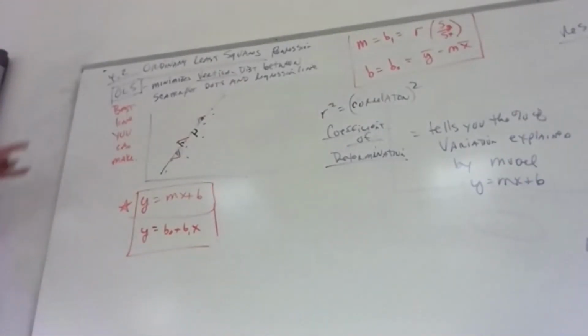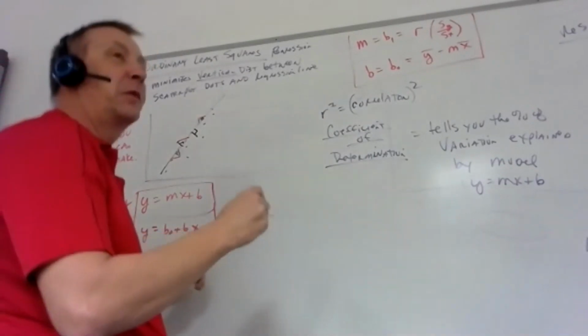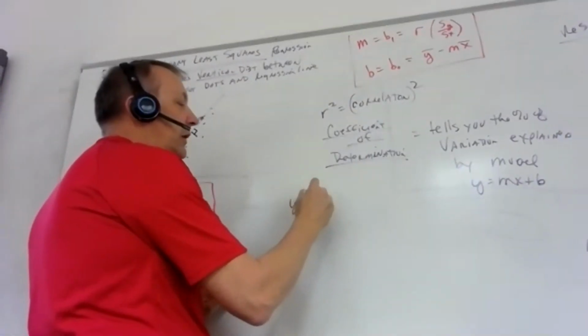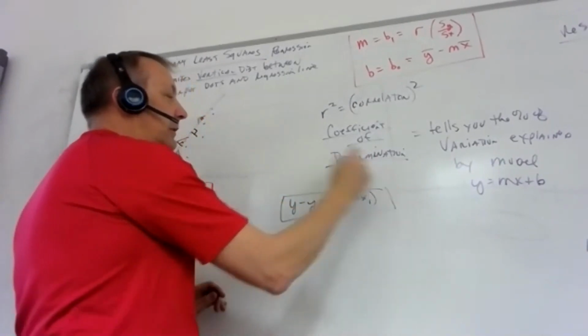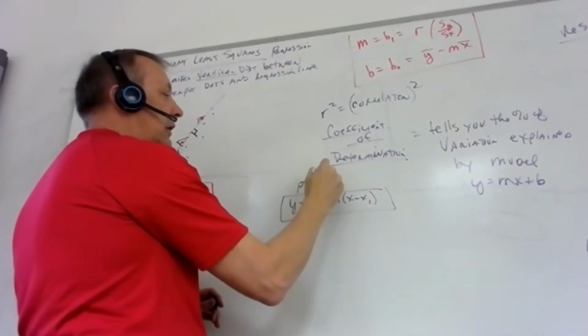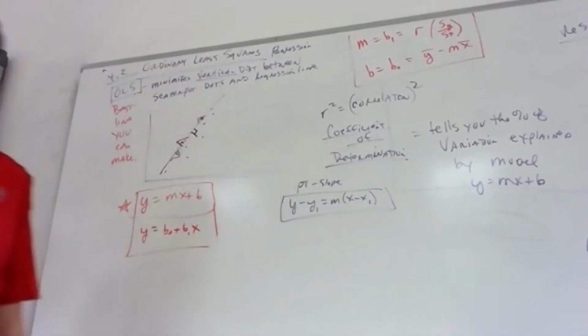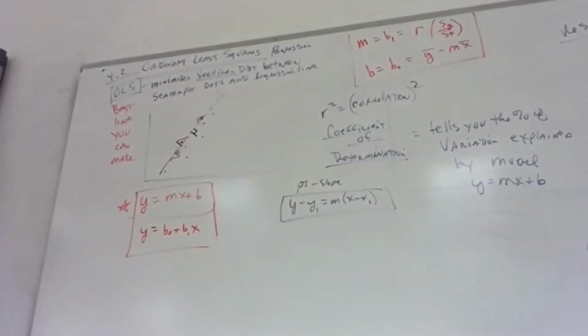So I told you that ordinary least squares was the best line you can make. And normally I'd have a little bit more time, and I would actually do another method. Like, for example, do you guys remember the equation y minus y1 equals m times x minus x1? That's called point slope. If I had time, I would do this again with the point slope method, because you are all familiar with that.